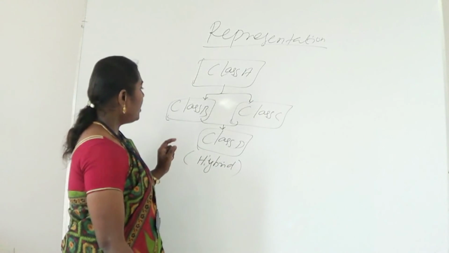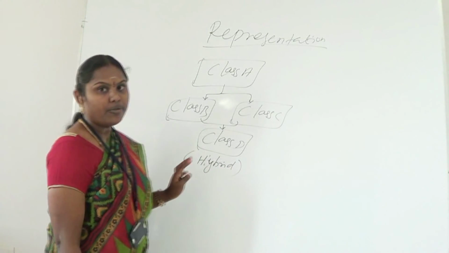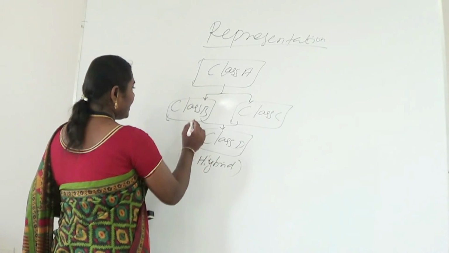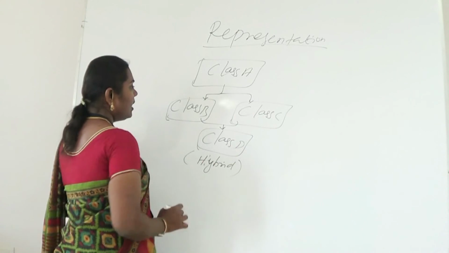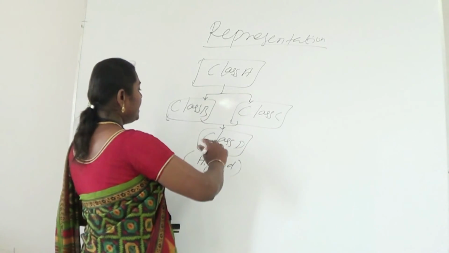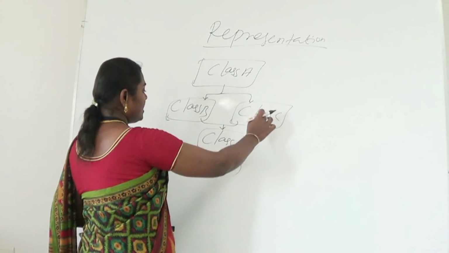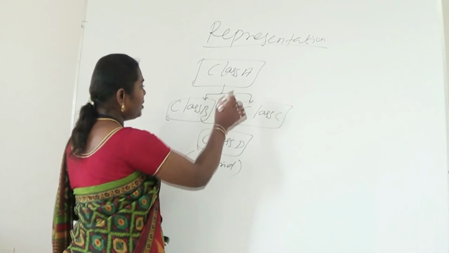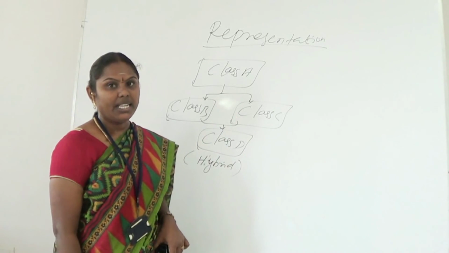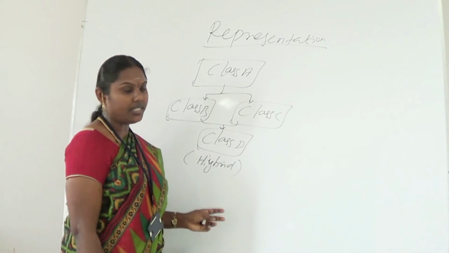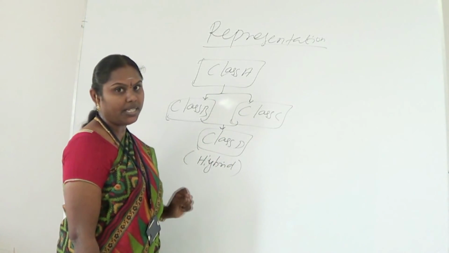Here we specify the combination of both multiple and multi-level inheritance. Class B, Class C and Class D specify the multiple inheritance. Suppose we take the Class A, Class C, Class D branch, it specifies the multi-level inheritance. So here we can specify both multiple and multi-level inheritance. So this is a general representation of hybrid inheritance.